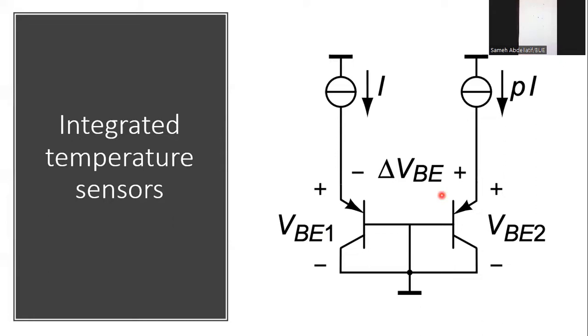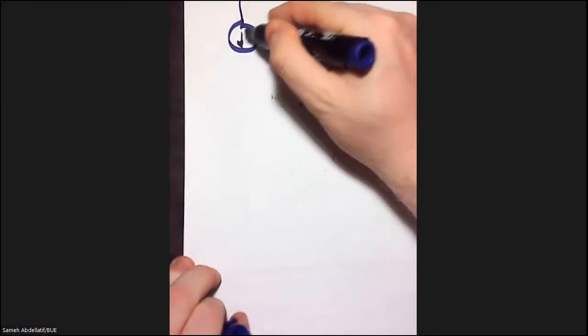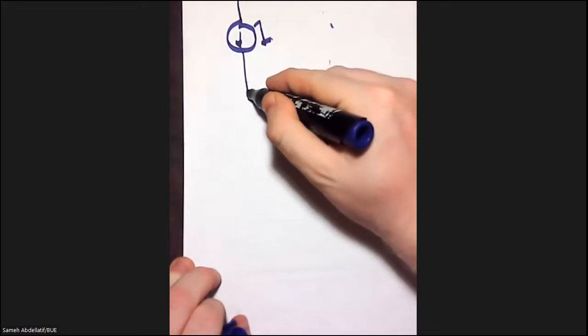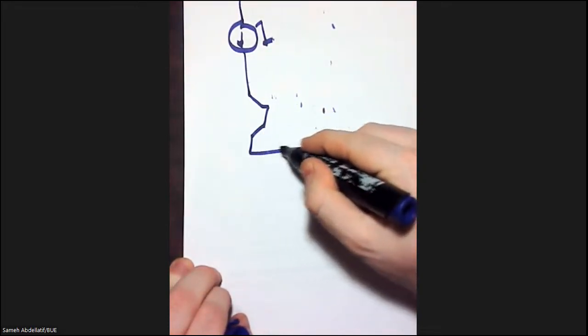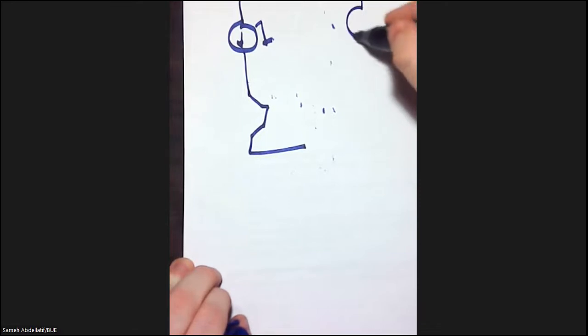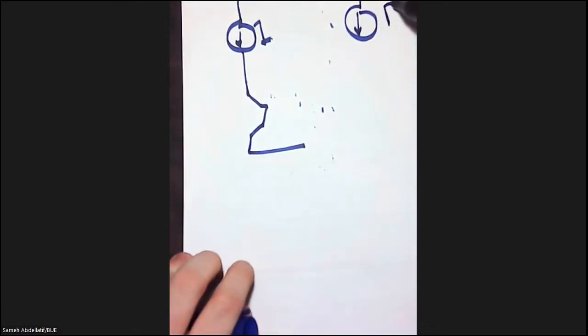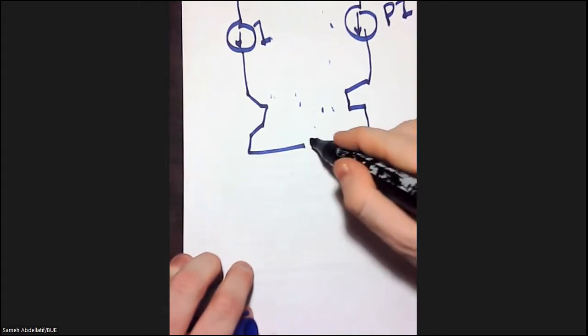Okay, so let me return back to our whiteboard. Perfect. And let's start doing this analysis. So our circuit is like that. We have here a current source called I, and then we have our transistor, another current source here with P times I, and this is the second transistor.